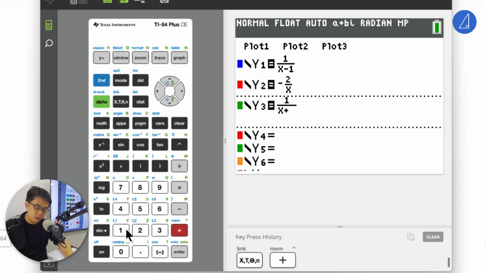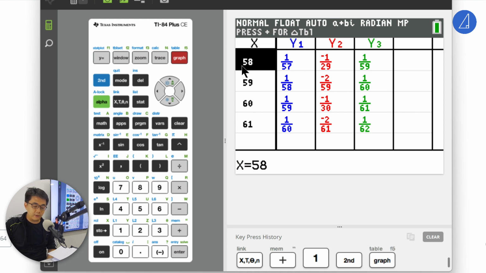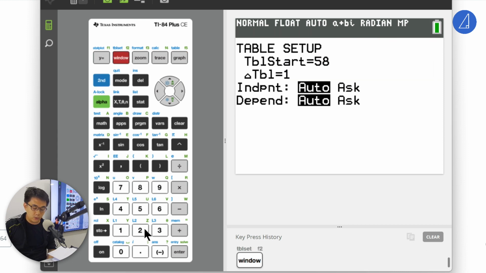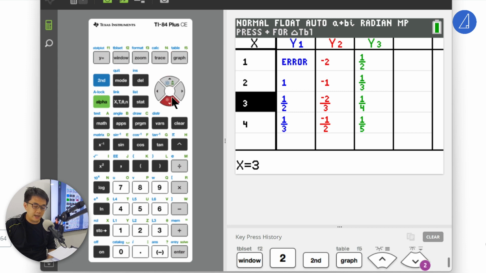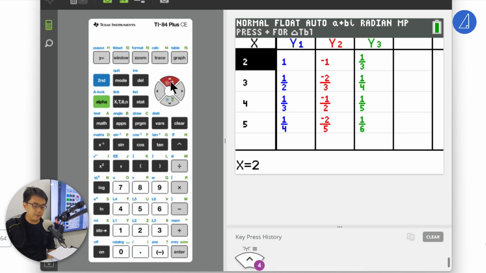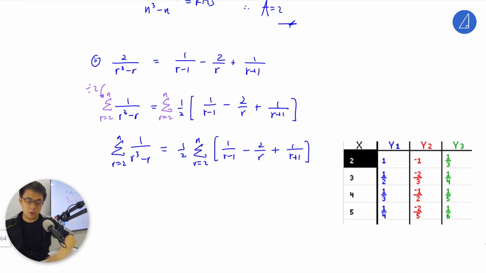So what we want to achieve is essentially go to table, value, table, second table. You start from 58, and if you want to reset the table you set it starting from 1. So we start from 2, let's say. The second table expands everything nicely for you here. If you're lazy like me, you can just copy the value down.